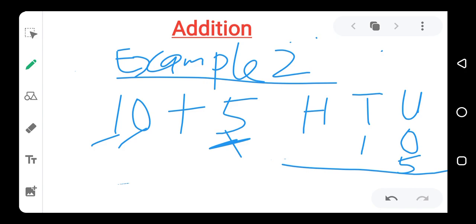That means 0 plus 5. If you add anything with 0, it will give you that number. So 1 plus 0 will give you 1. 2 plus 0 will give you 2. 3 plus 0 will give you 3. 4 plus 0 will give you 4. And 5 plus 0 will also give you 5. So we are going to write 5 now under units.